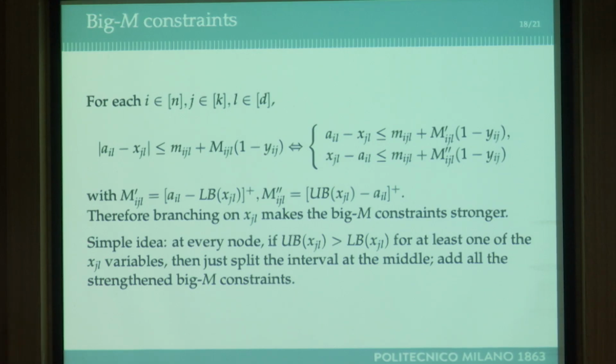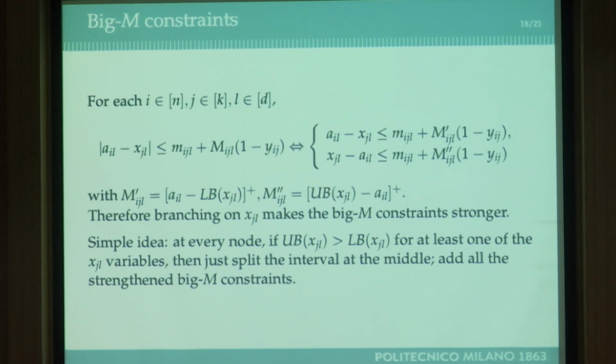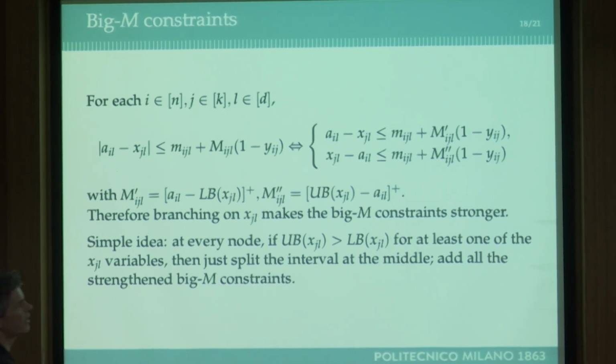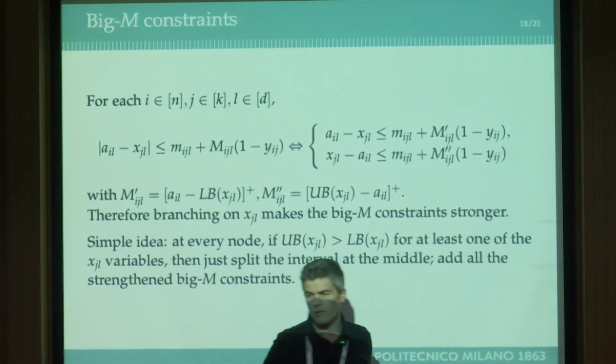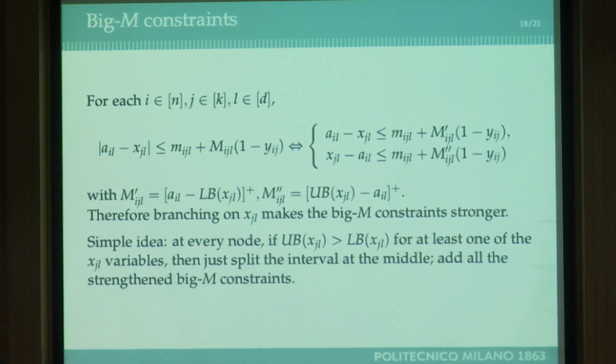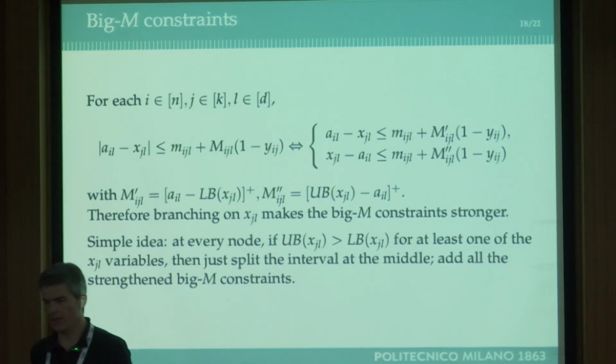One reason, similar to why I chose spatial branching for the previous problem, is that if you have a lot of points, then you have as many Yij variables as the number of points times the number of clusters, k. While the variables xjl are equal in number to the number of clusters times the number of dimensions. So once again, you possibly have far fewer xjl variables than Yij.